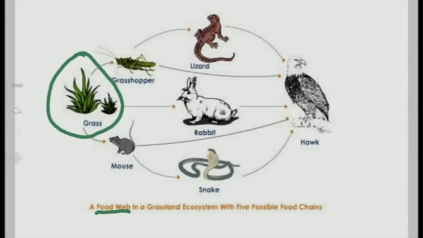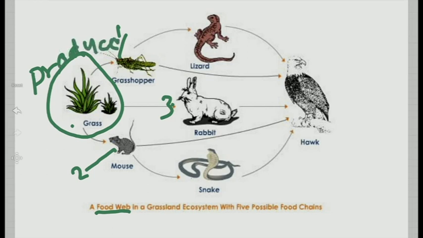But this producer is eaten by 1, 2, 3 organisms, as you can see. These organisms are all feeding on this one kind of producer. This organism is grass, which is our producer.